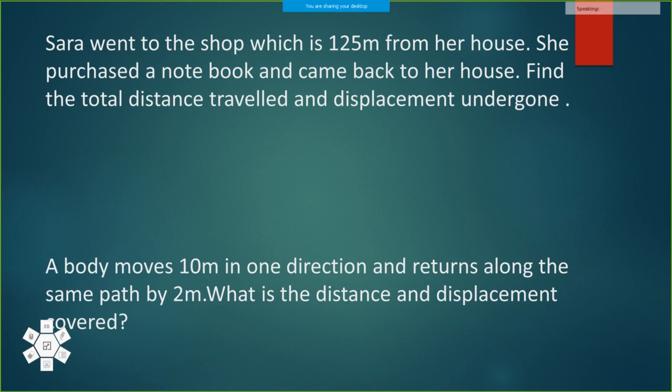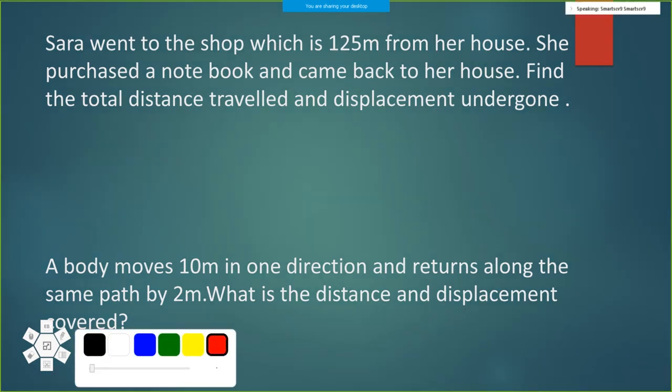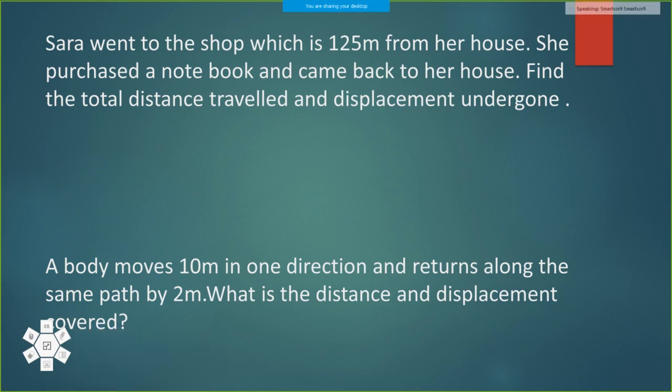Now, Sarah went to the shop, which is 125 meters from her house. She purchased a notebook and came back to her house. Find the total distance travelled and displacement undergone. So Sarah went to the shop. The distance is 125 meters only.